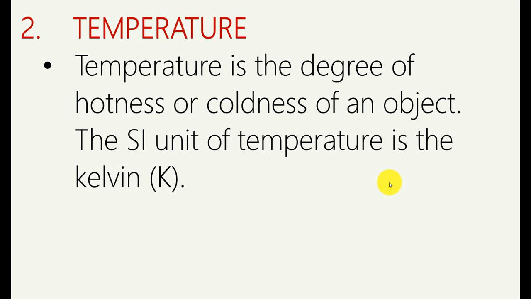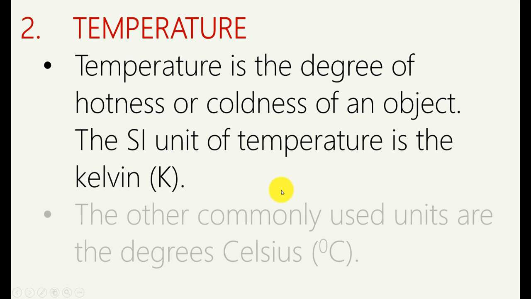And the SI unit of temperature is the Kelvin. Please note, the Kelvin, not degrees Celsius, not centigrade, not degrees Fahrenheit, but the Kelvin. If you're writing the word, you start with a small k, but the abbreviation is a capital K.